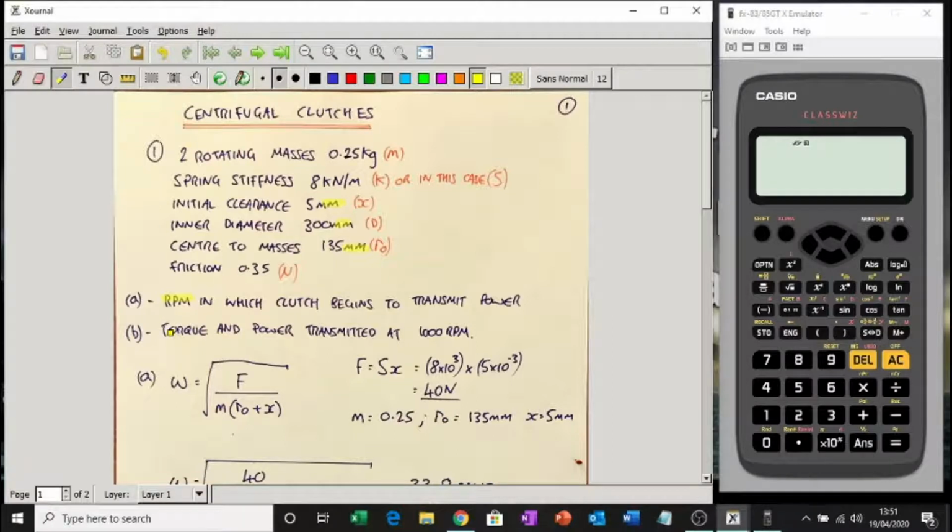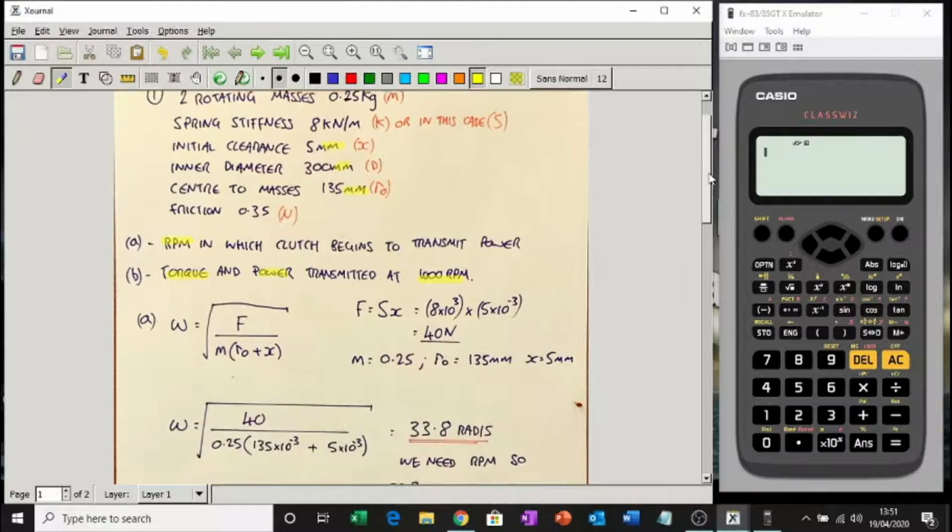Part B, we need to calculate the torque and the power transmitted at 1,000 RPM. So we'll do first the RPM in which the clutch starts to engage and transmit power. And then we'll work out the torque and power that the clutch transmits at 1,000 RPM.